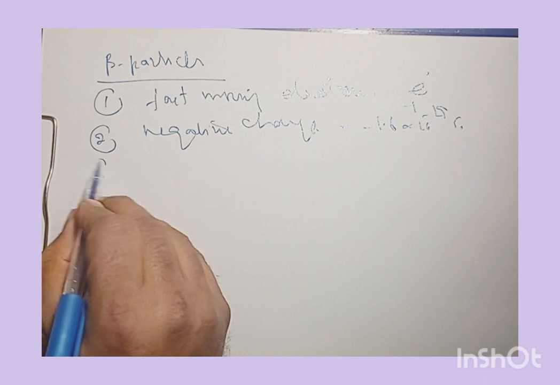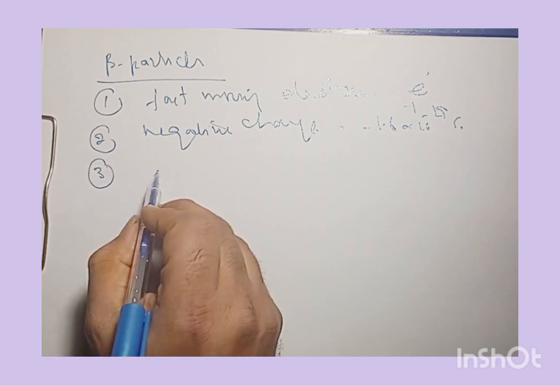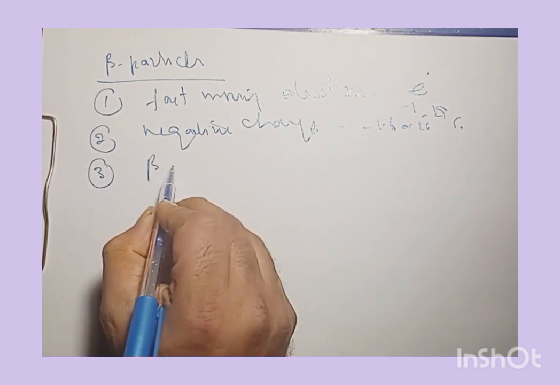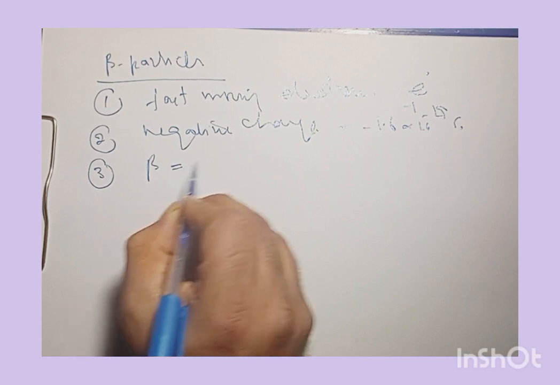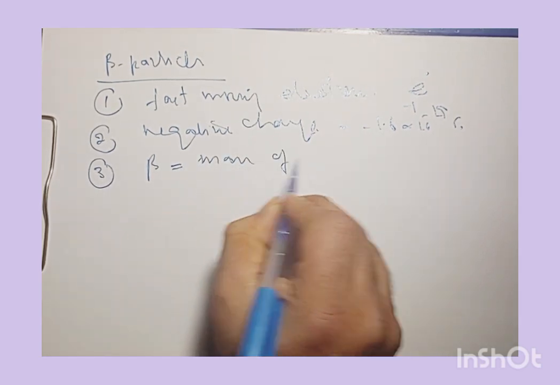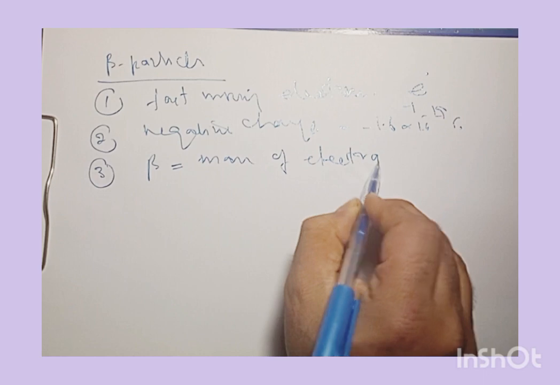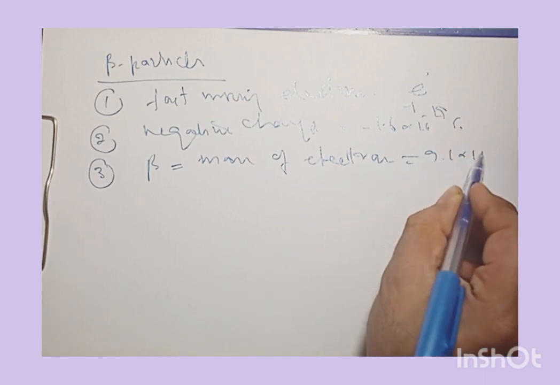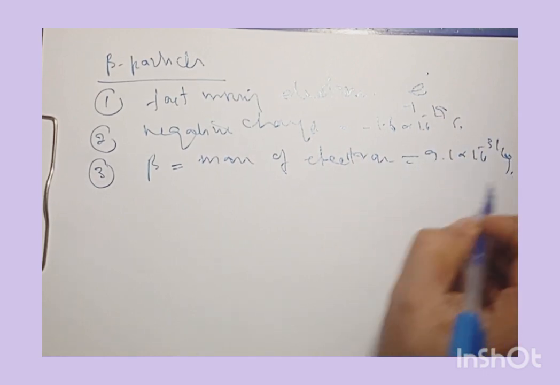And the rest mass of this beta particle is equal to the mass of an electron, which is 9.1 times 10 to the power of minus 31 kilograms.